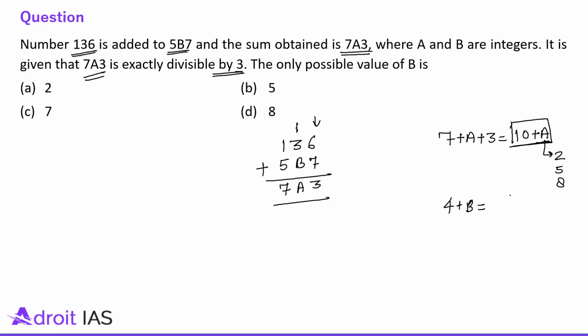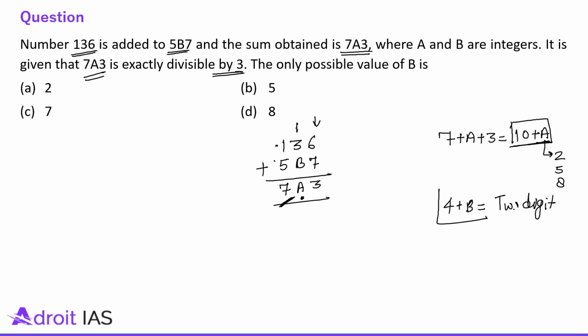Now if I talk about this column, 1 plus 5 is 6, but it is written 7 over here. It means the value coming over here, 4 plus b, will be a 2-digit number.